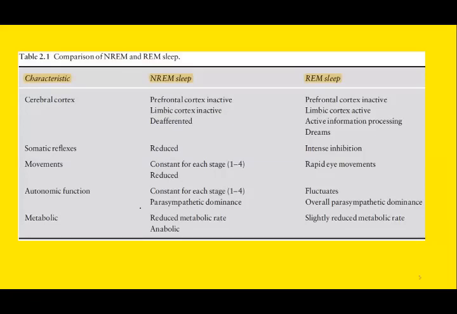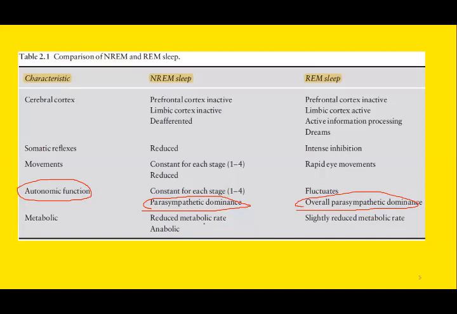Another difference is in the autonomic function. As far as the autonomic nervous system is concerned, the parasympathetic division of the ANS is dominant in the non-REM stage, whereas in REM sleep there is fluctuation. But overall, again the parasympathetic system is dominant.